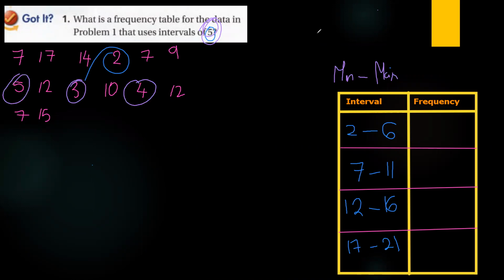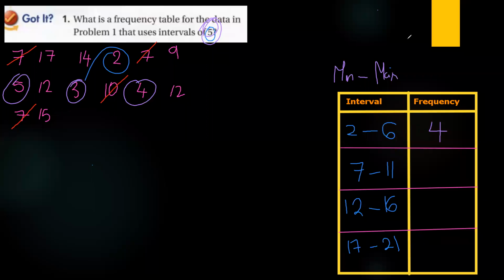Do you have 6? No. So we have 4 numbers. Now, from 7 to 11. How many?